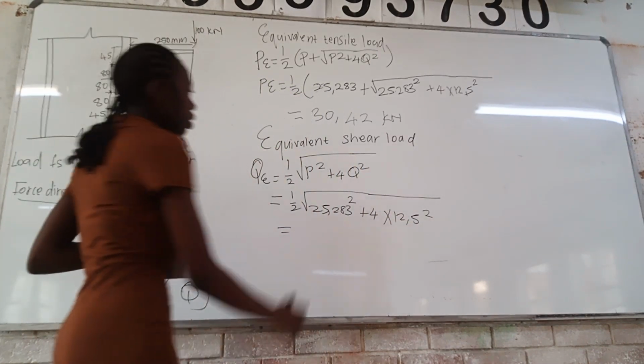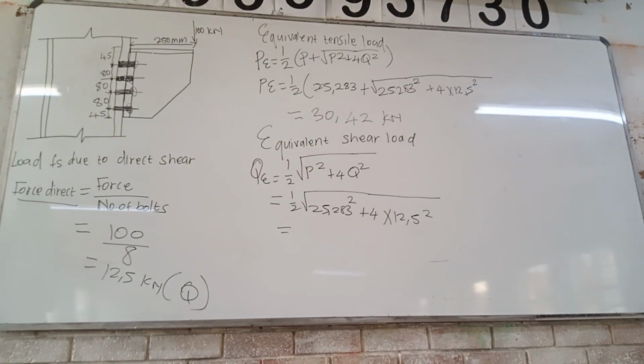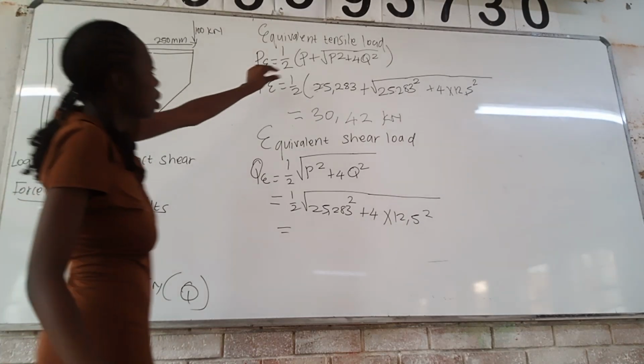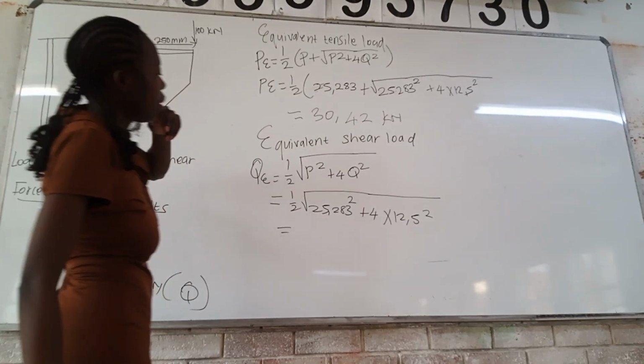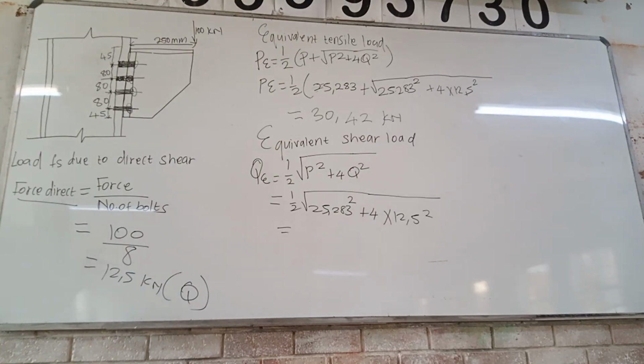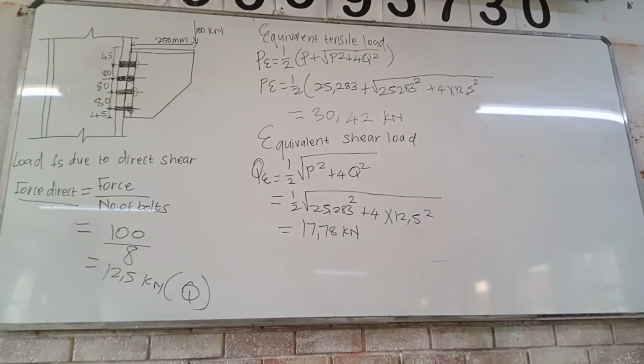What do we get? The formula is similar to PE, with a half and the square root. Okay, we've calculated the equivalent shear load.